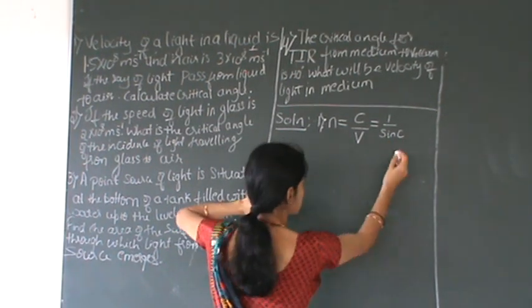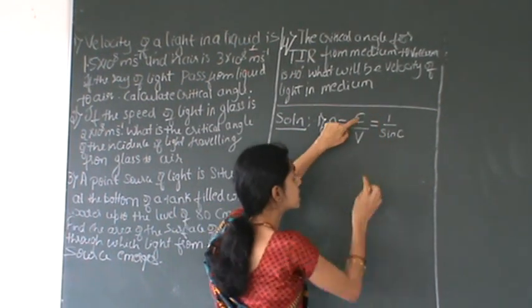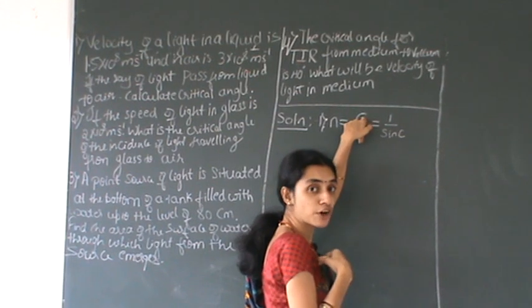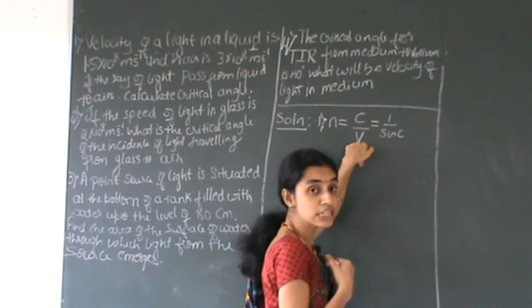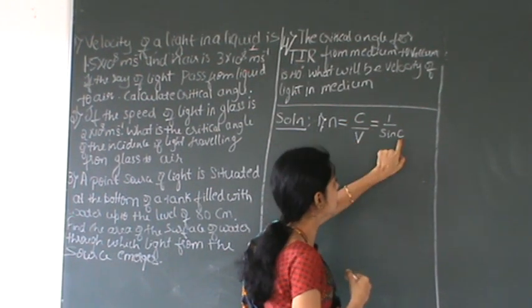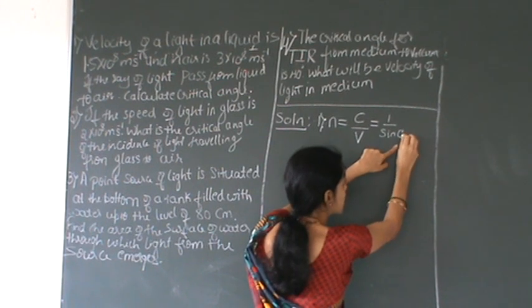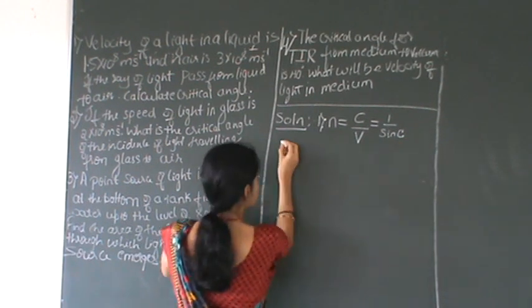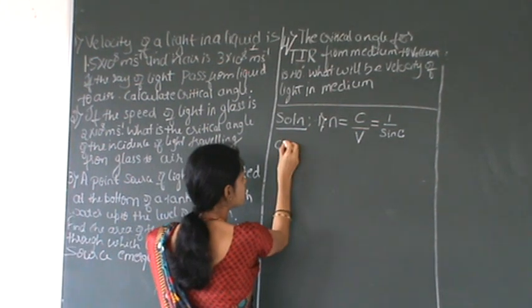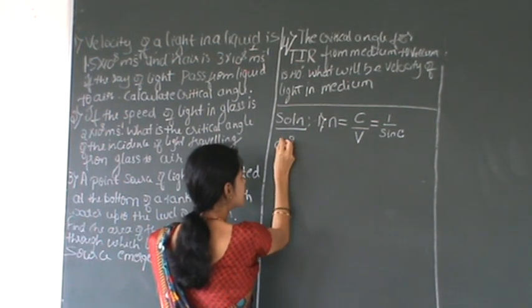So the term c indicates the speed of light in air, v is the speed of light in liquid, and this is the critical angle. What you have to find out is the critical angle.